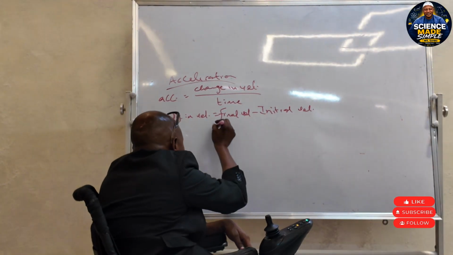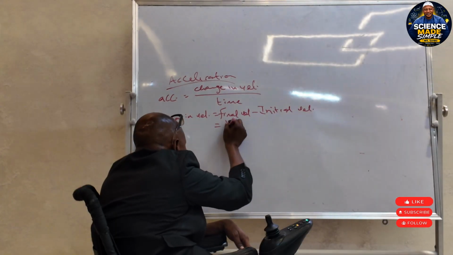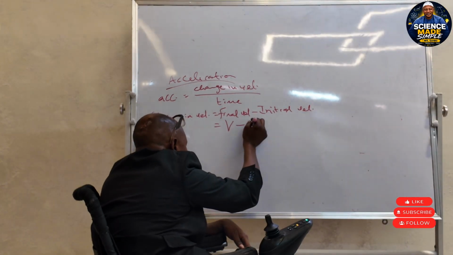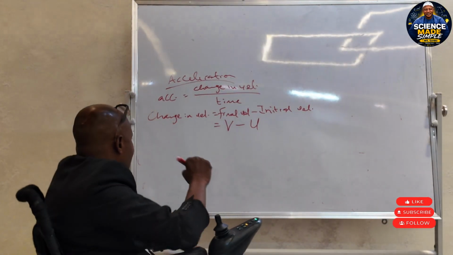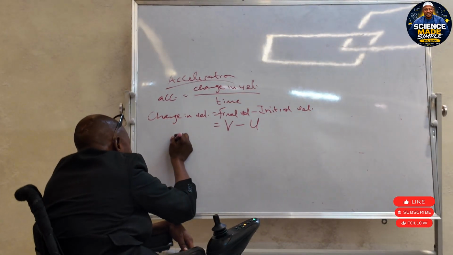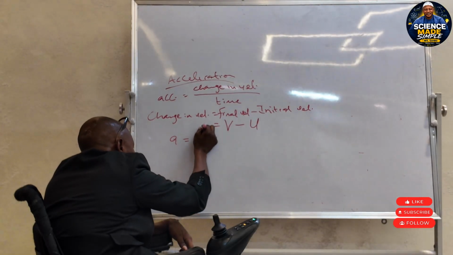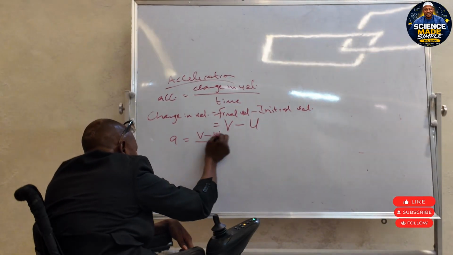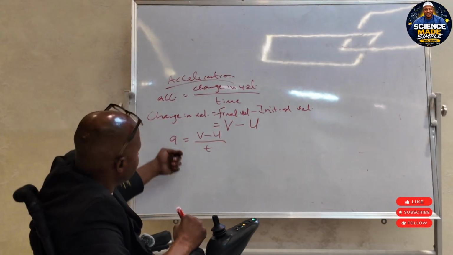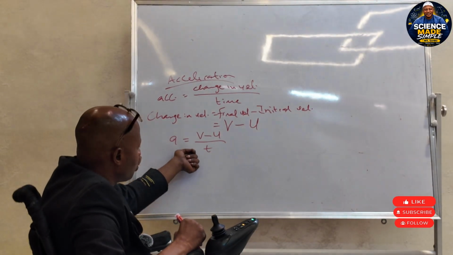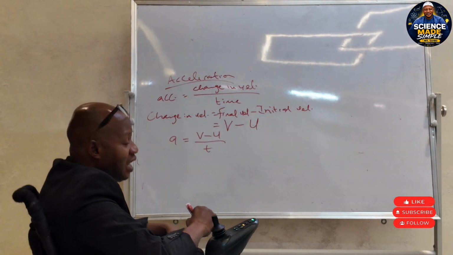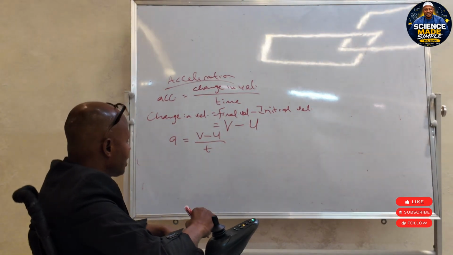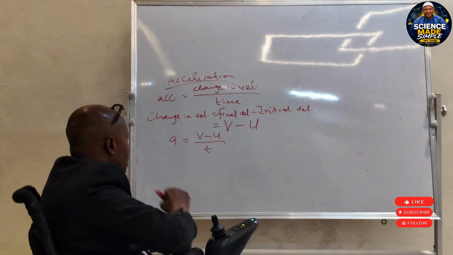Final velocity is denoted by v, while the initial velocity is denoted by u. So our acceleration a is now v minus u over time.